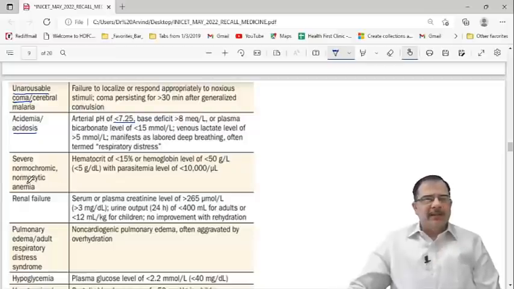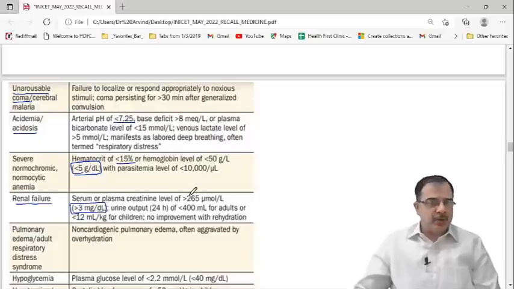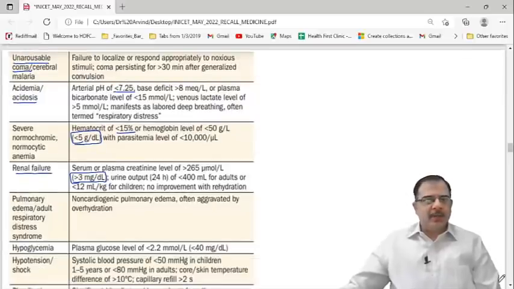Now, severe anemia, with a hemoglobin level of less than 5 and a hematocrit of less than 15%. Renal failure, here they have taken a creatinine value of more than 3, and in the question 5.2 is given. So this is a criterion for complicated or severe malaria.